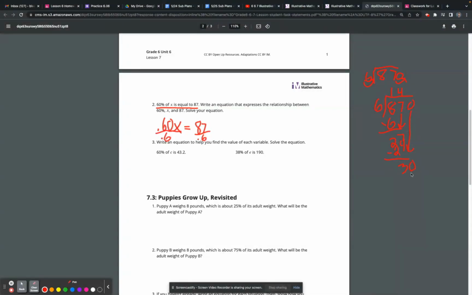I'm getting a little bit better at this. 6 goes into 30 5 times. 5 times 6 is 30. Now I'm all done. I have no more numbers to drop down. My remainder is 0. So my answer is 145. So that means that x equals 145.